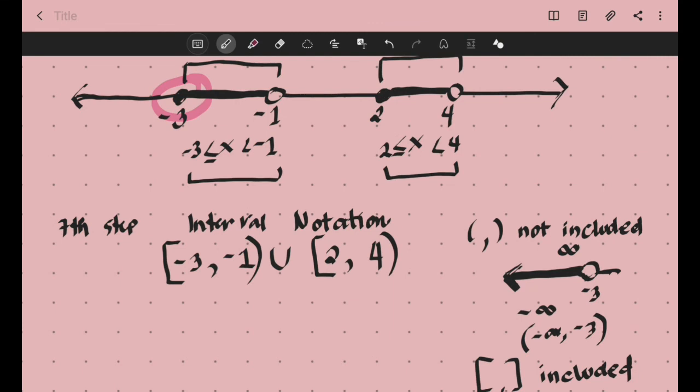Ibig sabihin nito, mga anak, that your possible values of x are from negative 3 up to negative 1, union positive 2 up to positive 4, wherein negative 3 and positive 2 are included, while negative 1 and positive 4 are not included.